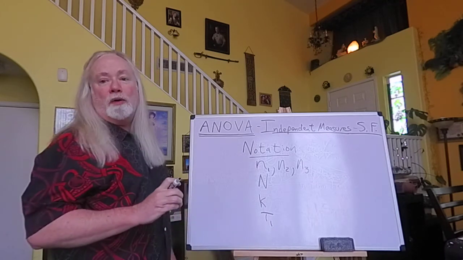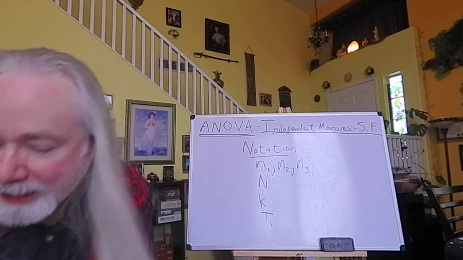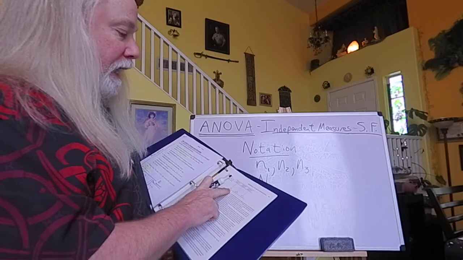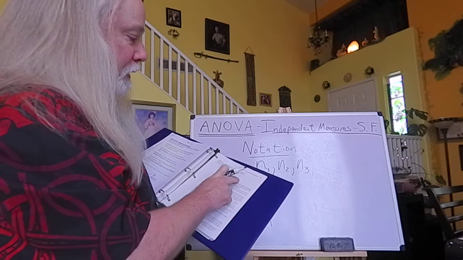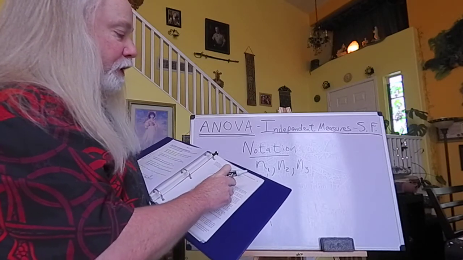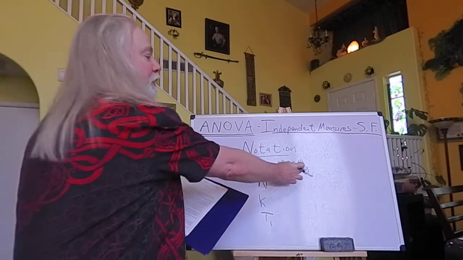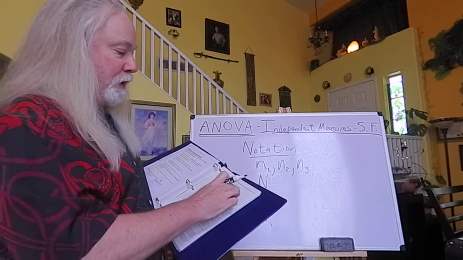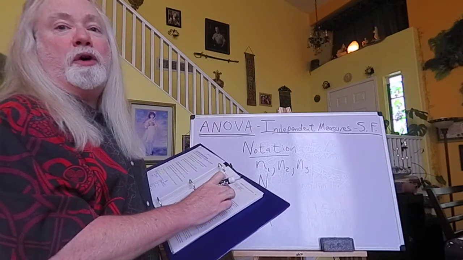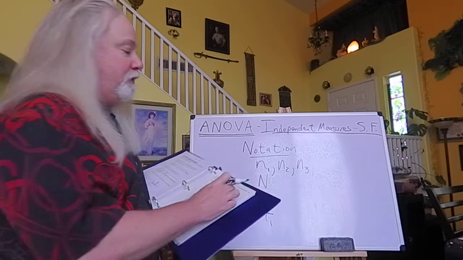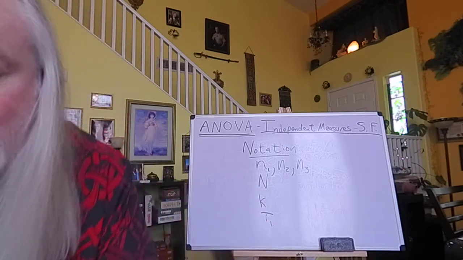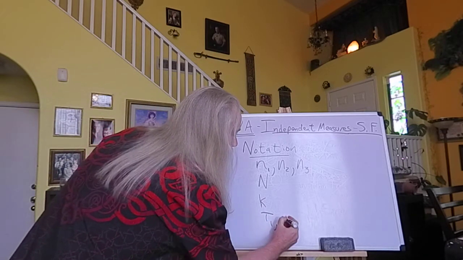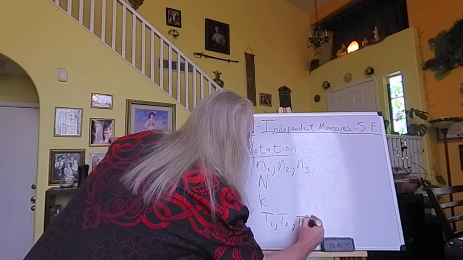What's the value of those scores? So that example we were looking at earlier on page 335, table 12.1, just go all the way to the third group. 1, 2, 2, 0, and 0 are the scores. So lowercase n for the third group would be 5. But the T, the treatment total for that group, would be 1 plus 2 plus 2 plus 0 plus 0. So it would be 5 points. So their treatment total is 5. You get that by summing up the raw scores. So every group will have its own treatment total.